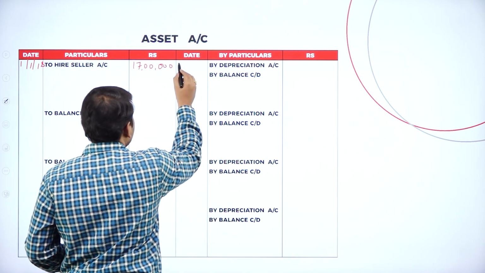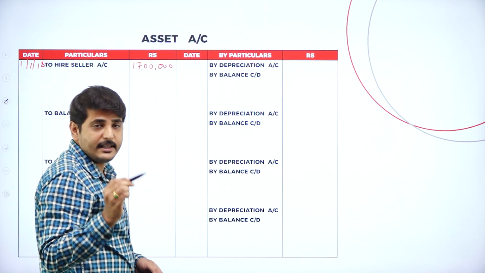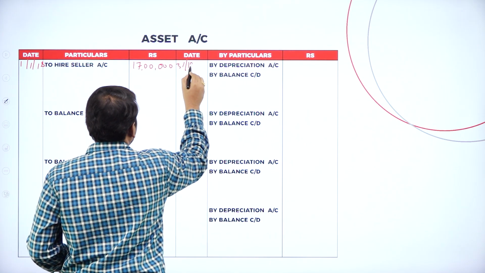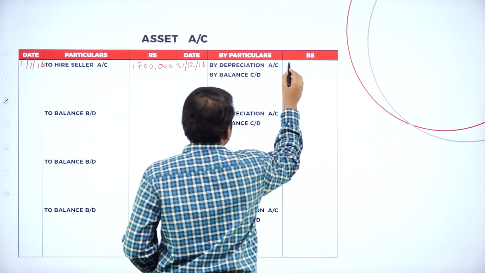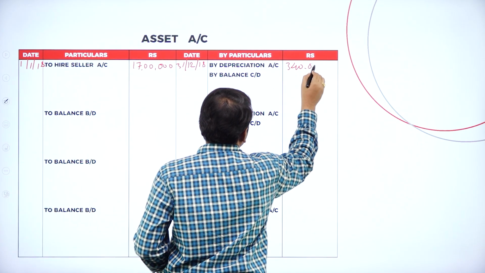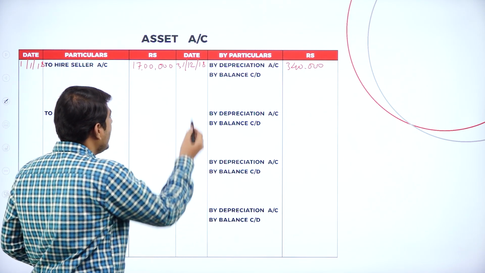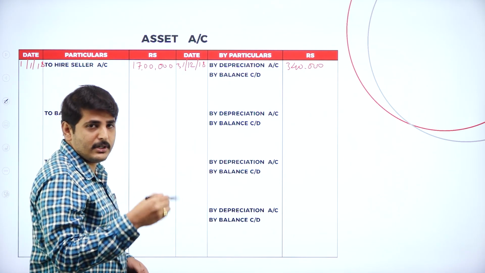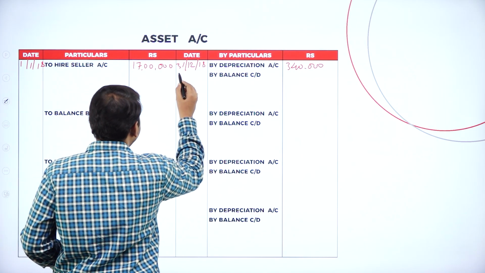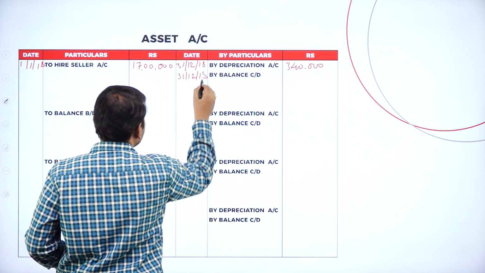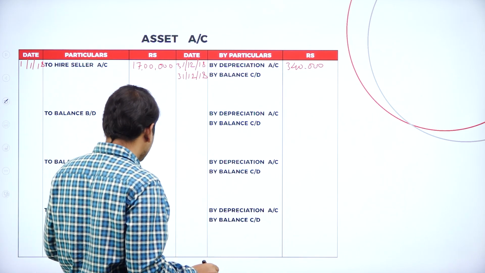When we calculate the depreciation at the end of the year, 31st 12/2018, 3,40,000 is the depreciation, and the remaining balance will be carried forward to next year. What is the remaining balance?